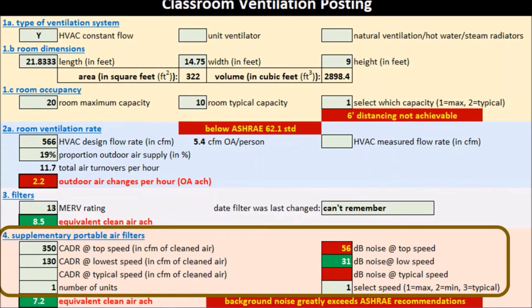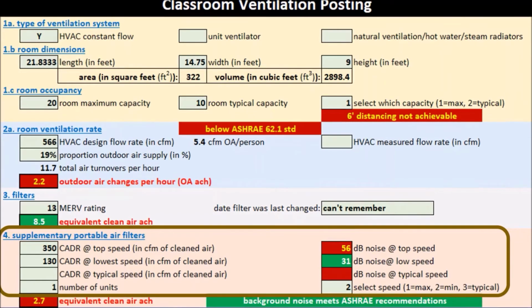So if we change this to select the minimum, so we were only getting 130 CADR, the background noise meets ASHRAE, but now we're only getting 2.7 equivalent air changes per hour, whereas we had 7 point something or other beforehand.